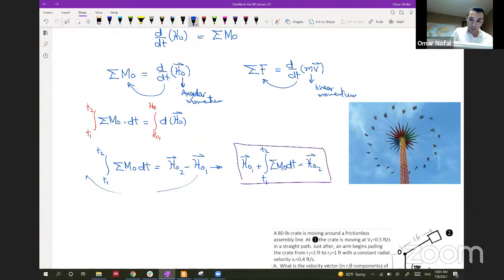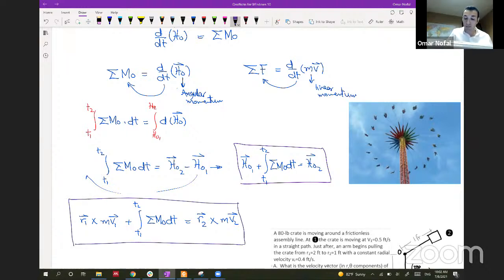So the angular momentum at position 1, or at time 1, is equal to the R vector 1 cross product by m V1, plus the integration from t1 to t2 of the sum of the moments about point O dt, and this will be equivalent to R2 vector cross product by m V2 vector.